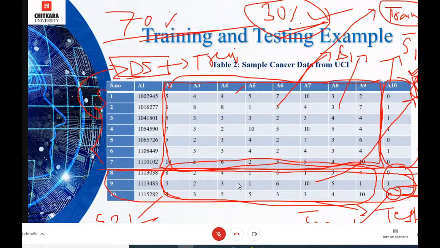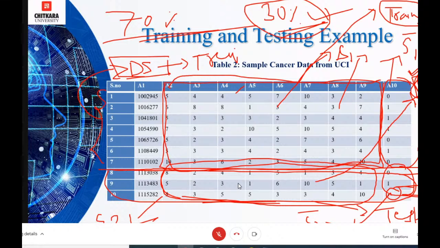After that, we have tested that particular model on this segment, that is S2, and the machine produces some outcome, or you can say it predicted some values. If these outcomes are the same, the result is 100%.